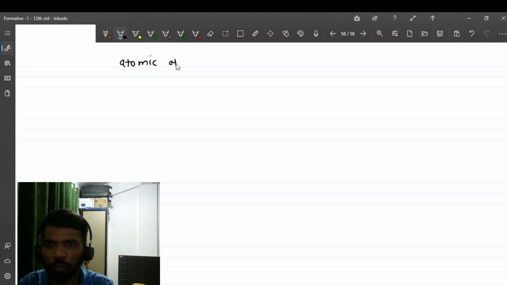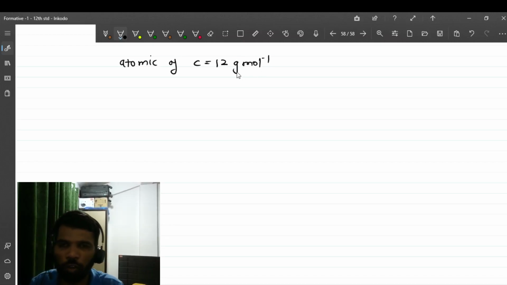Atomic mass of carbon is 12 grams per mole. See, the unit of atomic mass is grams per mole, means it is the mass of 6.023 into 10 to the power 23 particular atoms, right? That is per mole we are writing. So atomic mass of carbon is 12 grams per mole.